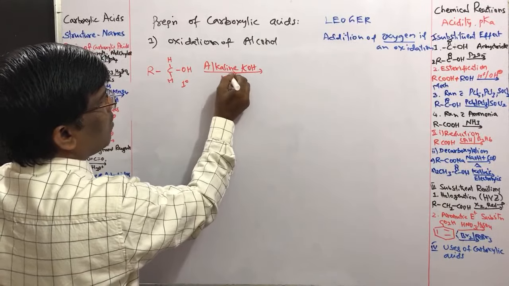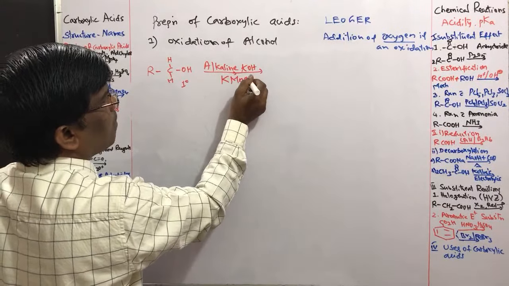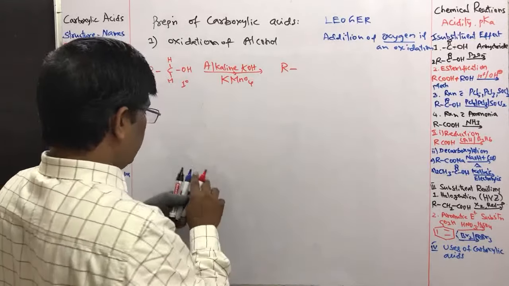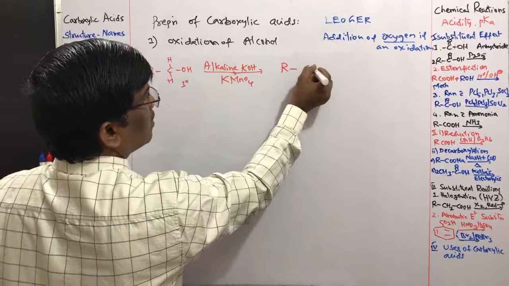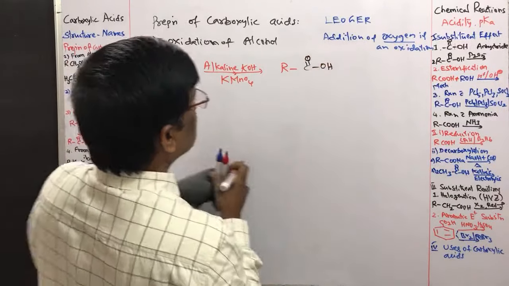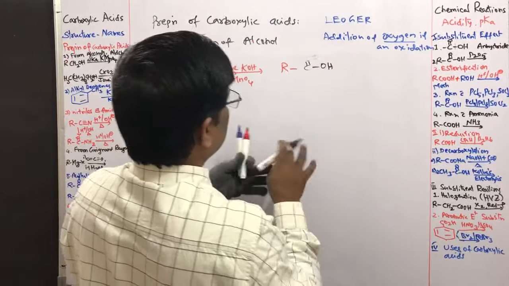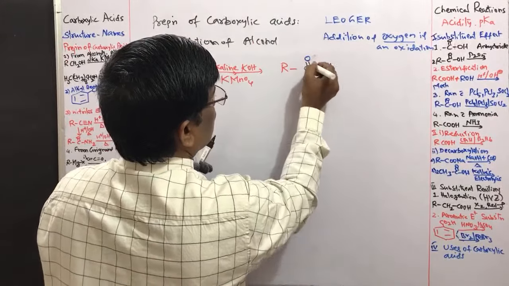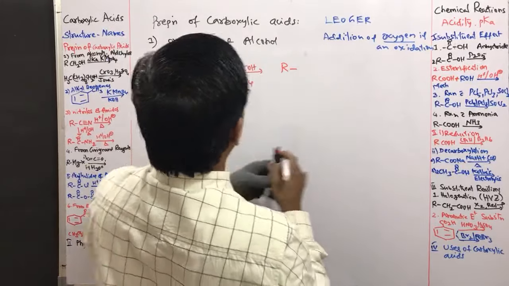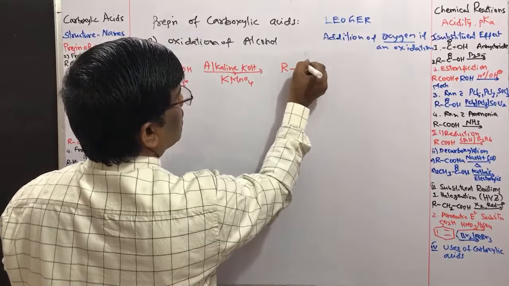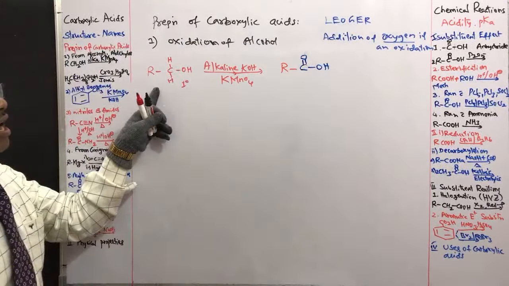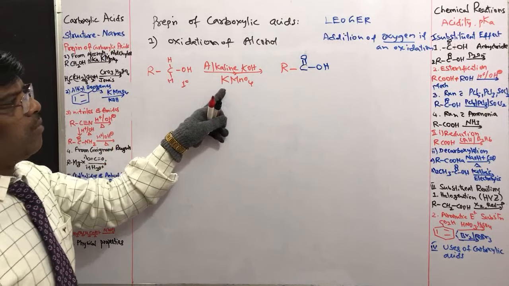In the presence of KMnO4, potassium permanganate, it is going to give a carboxylic acid. So we are going to get this carboxylic acid from alcohol by using potassium permanganate.